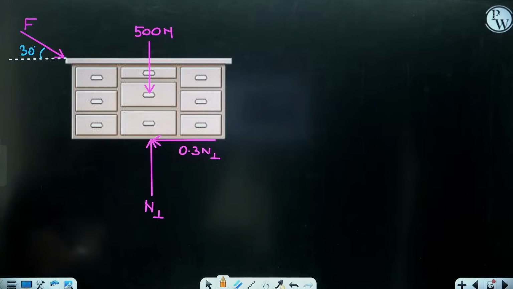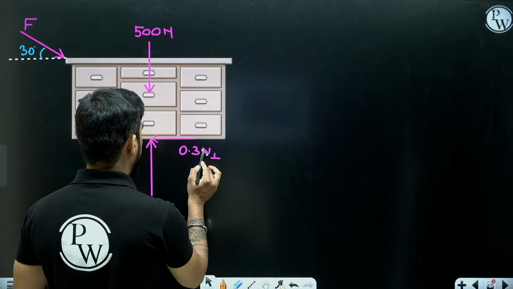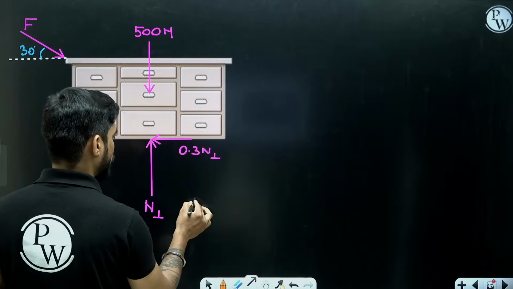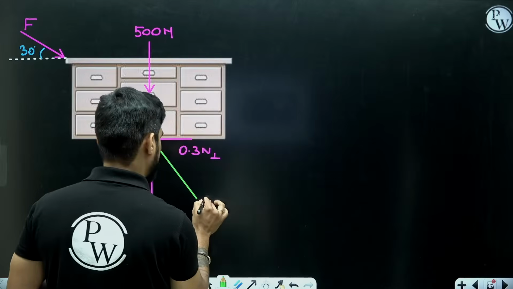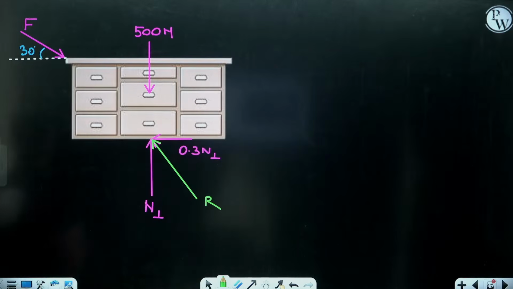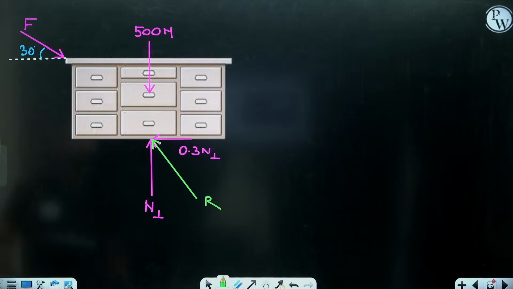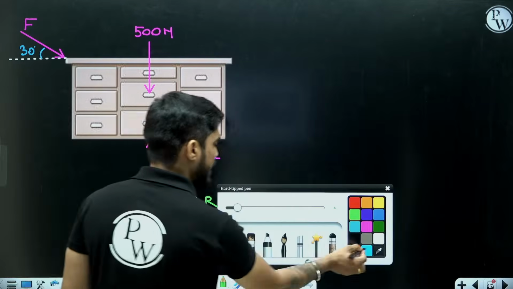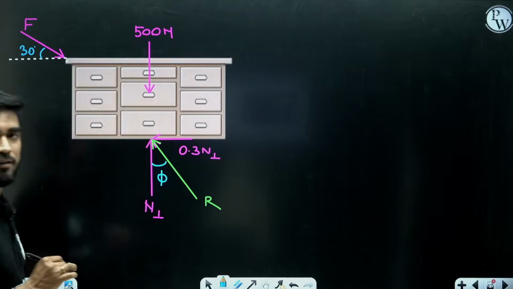Instead of considering the normal and friction force separately, I want you to consider the resultant of normal and friction force. I told you yesterday that in some problems we replace normal and friction force with their resultant, and the resultant acts at an angle phi with the normal force.